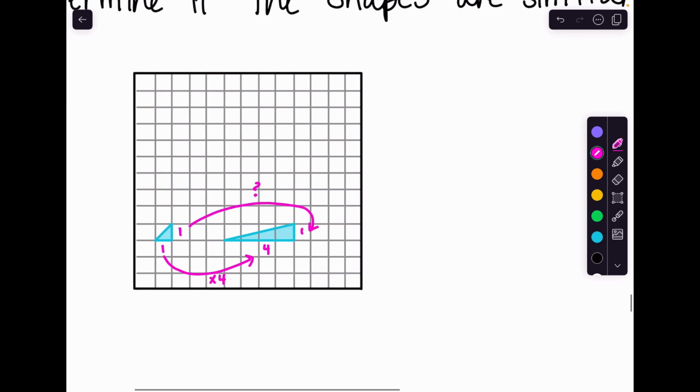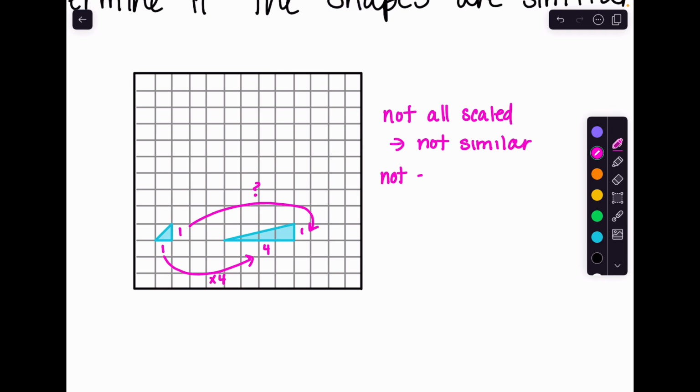So in this case, because not all side lengths are scaled, this means it's not similar. And because these two are not exactly the same, they are not congruent. So this is the case, it has neither.